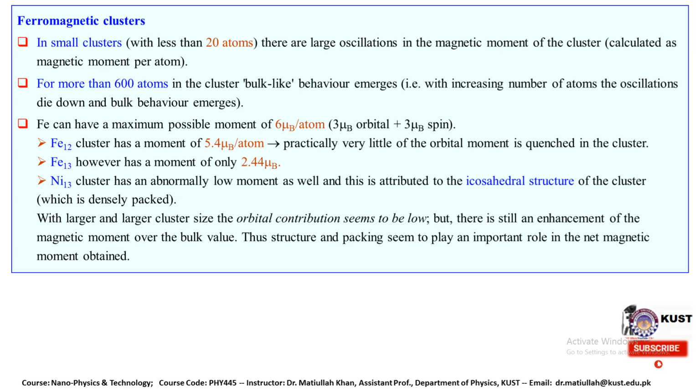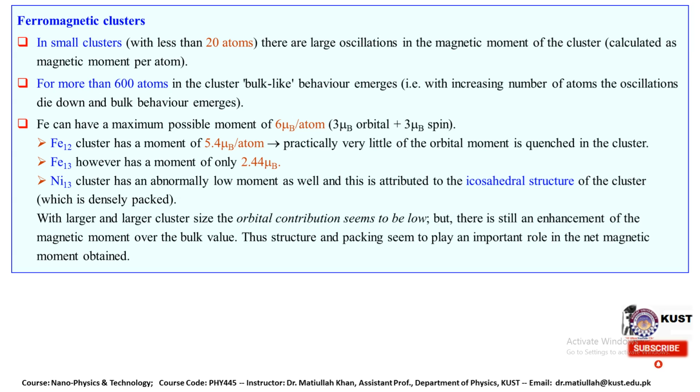If we consider a small cluster whose size is less than 20 atoms, there are large oscillations in the magnetic moments of the cluster, calculated as magnetic moment per atom. For more than 600 atoms in the cluster, bulk-like behavior emerges. With increasing number of atoms, the oscillation dies down and bulk behavior emerges.